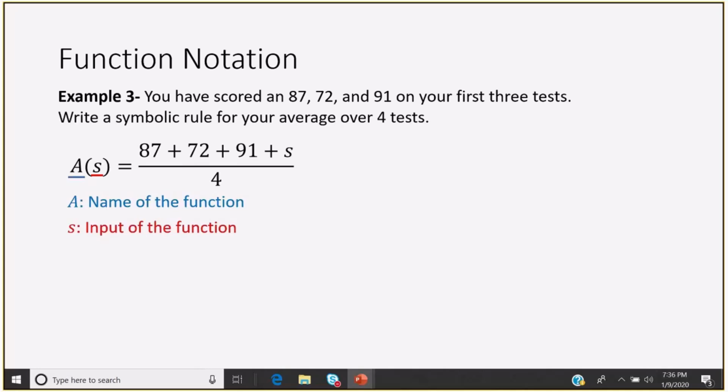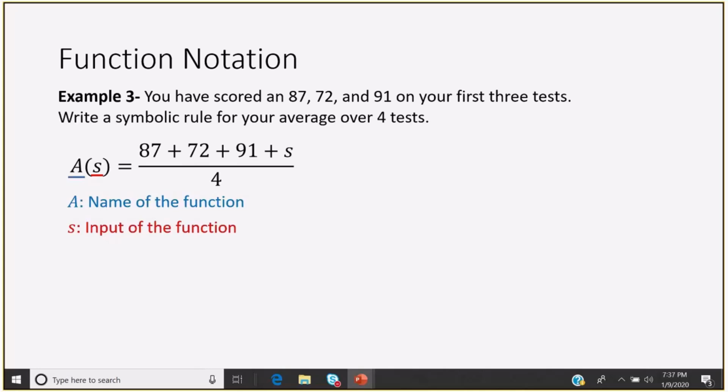So quite often the most common function that we see is f of x. But it doesn't always have to be x. So it could be, in this case, A of S. You could have multiple inputs, in which case you should probably put a comma between them. But that's really what's happening: we're naming the function, and then we're saying, this is the input that I'm going to be dealing with. This is the variable that will be changing.